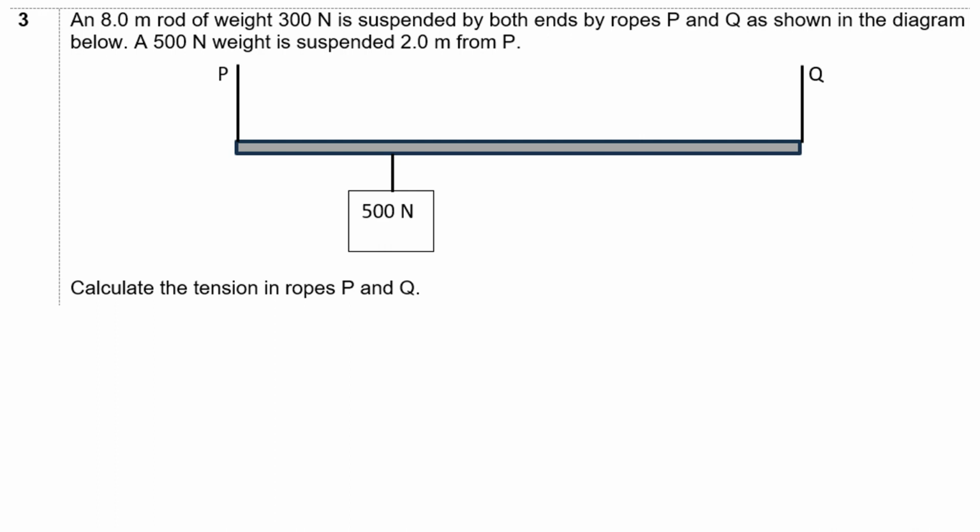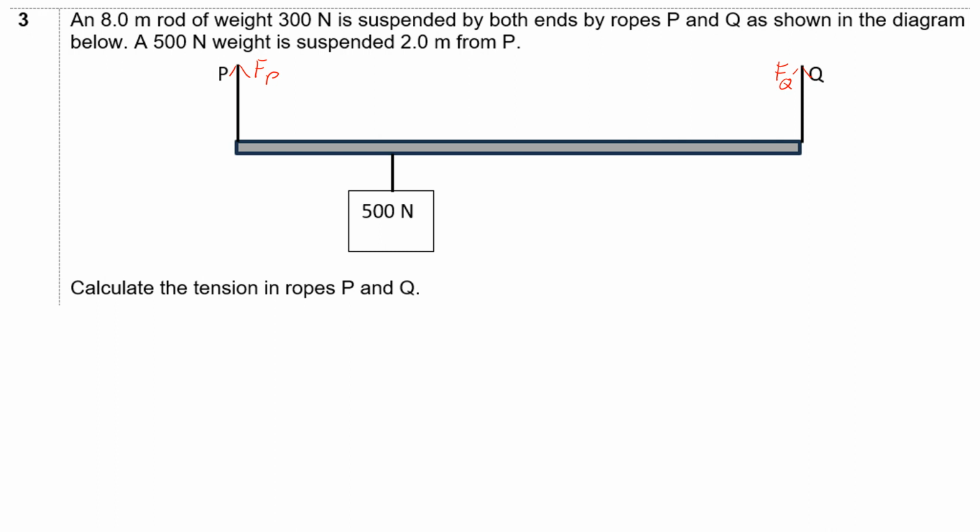We know that tension is going to act along the two ropes. These ropes you can see are vertical, so we can just draw a force, let's call it Fp, and a force, let's call it Fq, acting on either end of the rod.